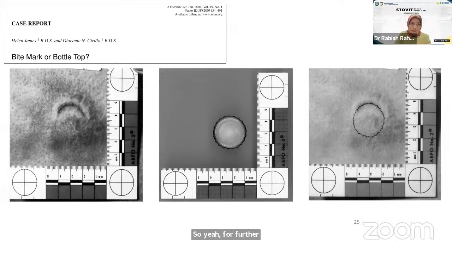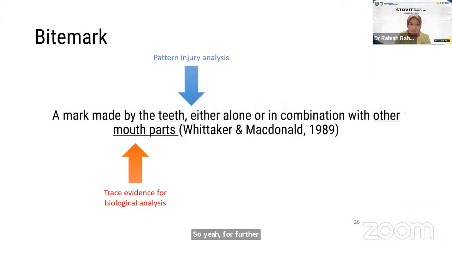Okay. So what is a bite mark? A bite mark is a mark caused when someone bites something. Of course, someone has to have teeth. But it's not only teeth that cause the mark, it is also the act of suction.